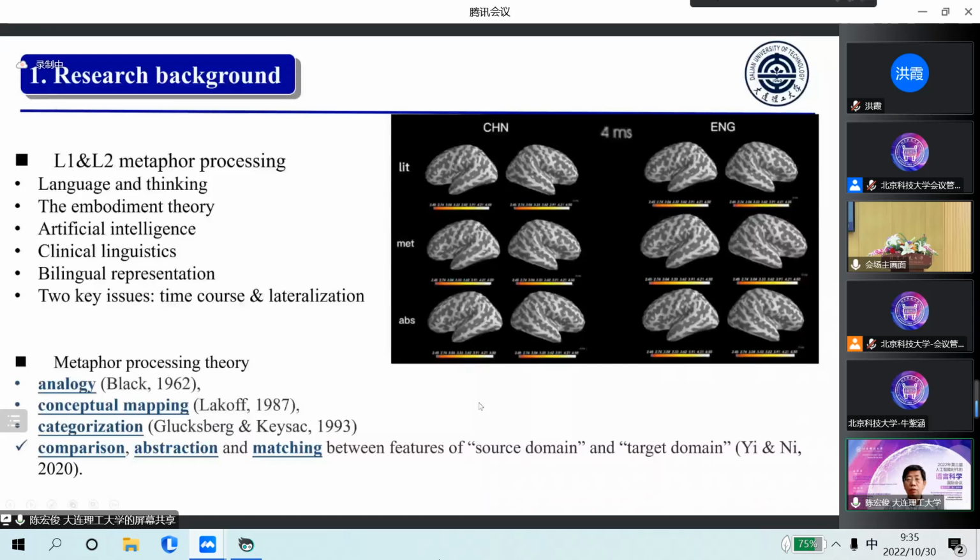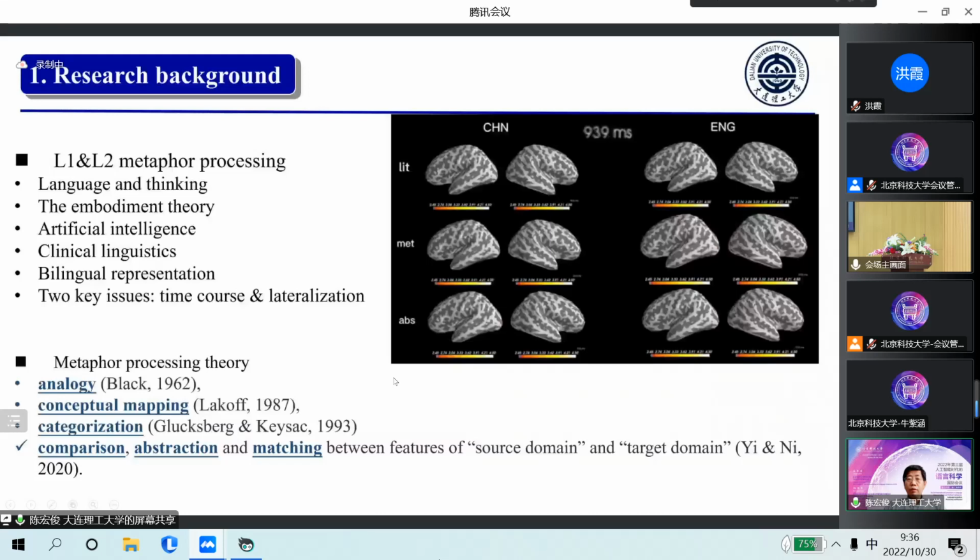It's very interesting. You can see as time goes on, different brain areas respond to these three conditions differently across the two languages, and show different patterns of processing literal, metaphor, and abstract.